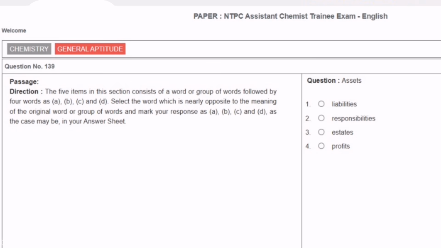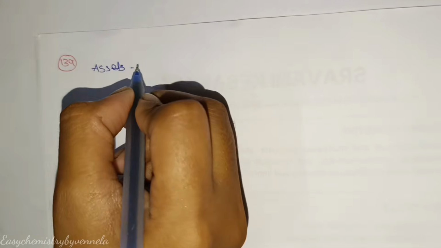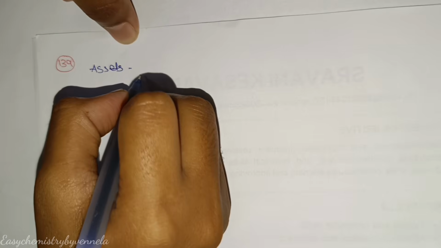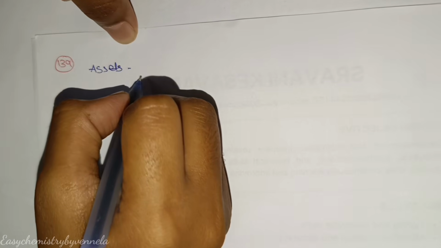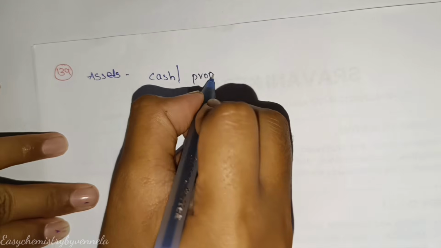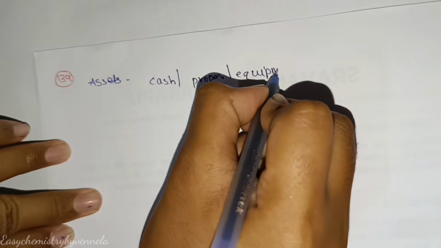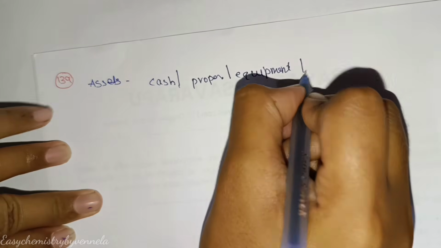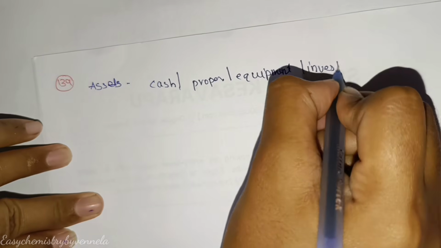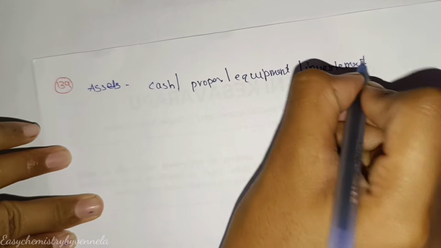The question is assets. First of all, what are assets? Assets are things of value owned by a person or organization, such as cash, properties, equipment or investments.